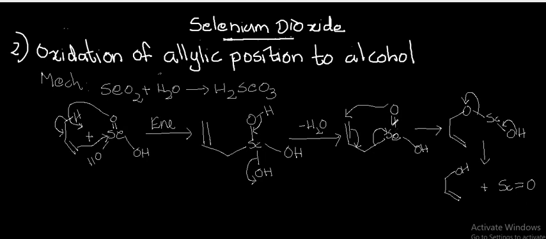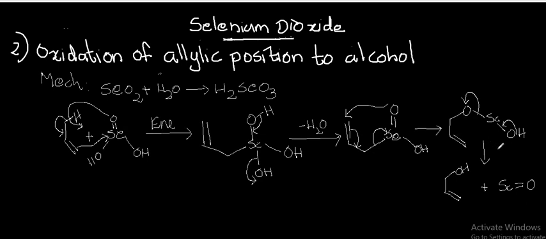Single bond, double bond changes to single bond, and selenium is connected to OH. This is the structure. Here the double bond is bonded with this carbon, and we get this product.